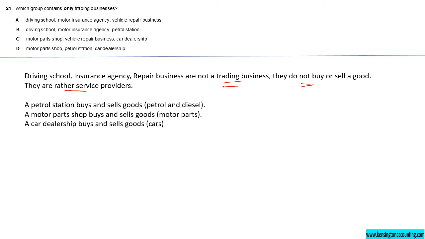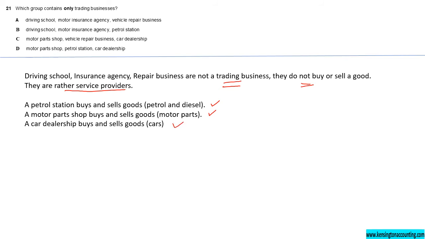These businesses are not considered trading businesses because they are not buying or selling a good, they're rather service providers. On the contrary, a petrol station buys and sells petrol and diesel, therefore this is a trading business. The same for motor parts, it is buying and selling motor parts. The same for a car dealership, it is buying and selling cars.